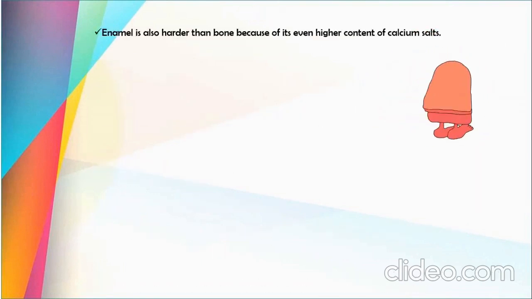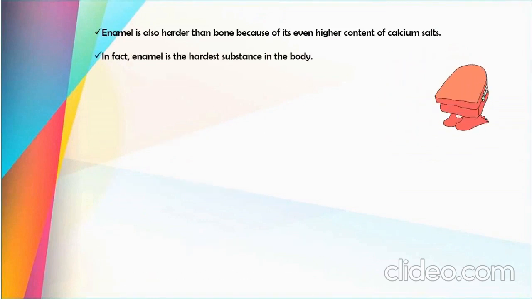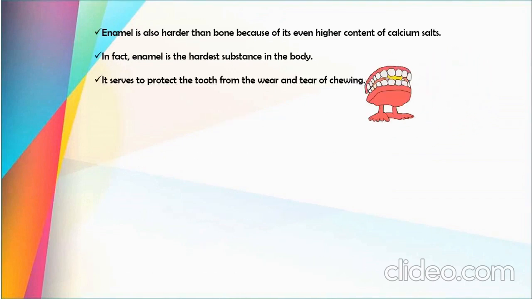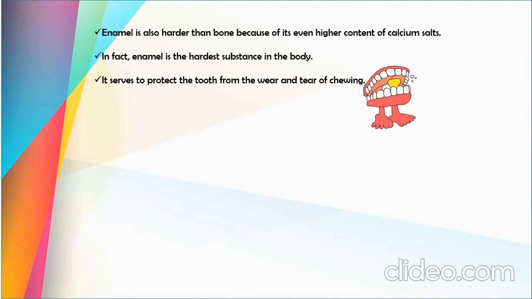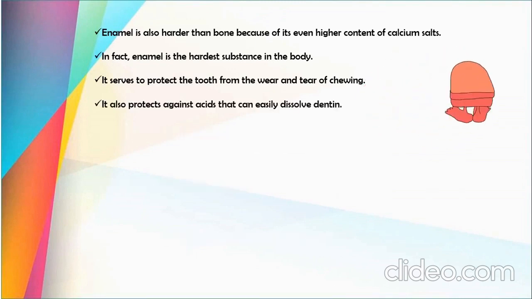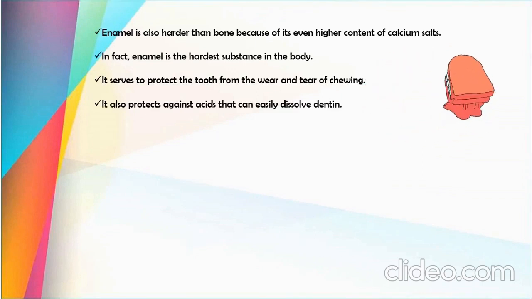Enamel is also harder than bone because of its even higher content of calcium salts. In fact, enamel is the hardest substance in the body. It serves to protect the tooth from the wear and tear of chewing. It also protects against acid that can easily dissolve the dentin.